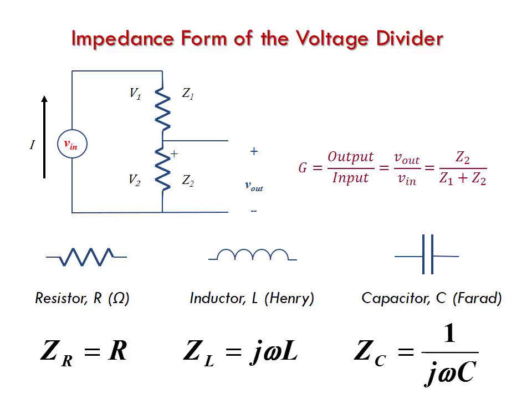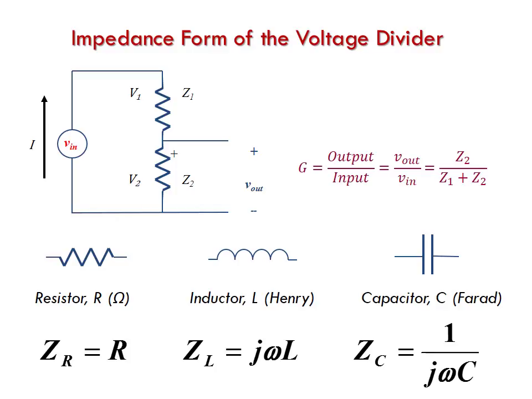So instead of having an R, let's put Z's in for our two impedances. And instead of having two resistors, let's put in two inductors. This is a way that we can look at gain based on impedances. So you can have gain, which is output over input, of Z2 over Z1. If I have two inductors in there, it's going to be the value of the two inductors and the omega j.